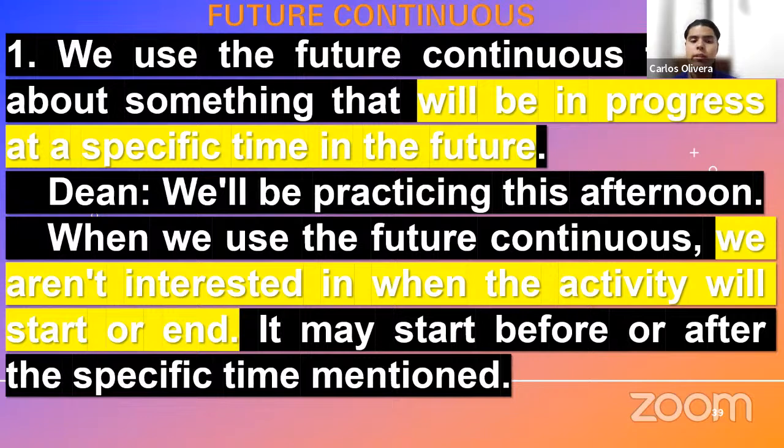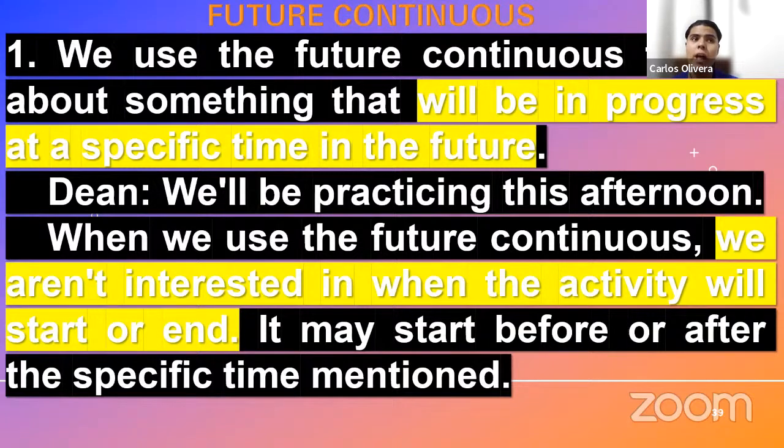So coming back to this sentence, "We'll be practicing this afternoon," in this case, whenever we use the future continuous, we don't care when this is going to start or when it is going to finish. That is to say, we are not worried about the time in which this event is going to be taking place.